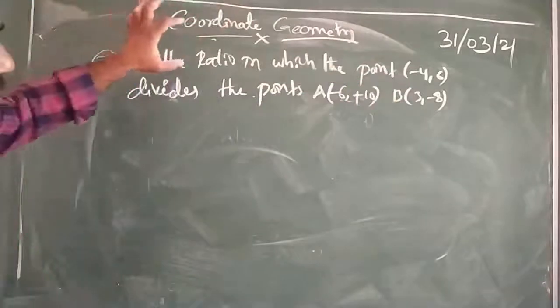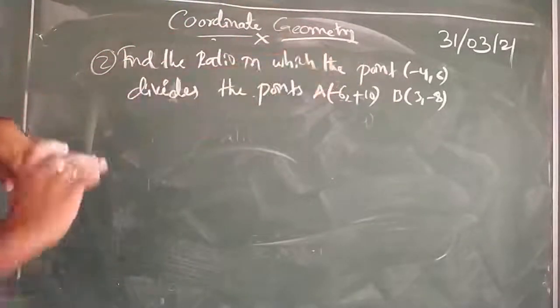Now here the question is asking for the ratio, and he has already given the point. So how to do these questions?